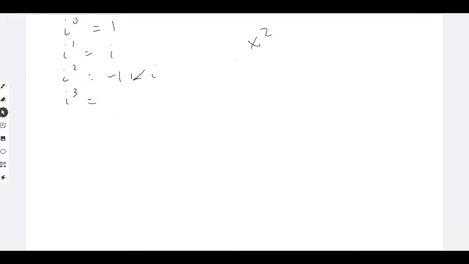So if I have i squared here and it's equal to -1, I can multiply another i onto this, and that'll be equal to i cubed, right? If I multiply an i onto -1, that gives me negative i. So we could say i cubed is equal to negative i.